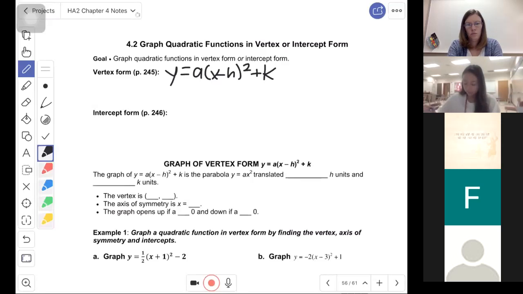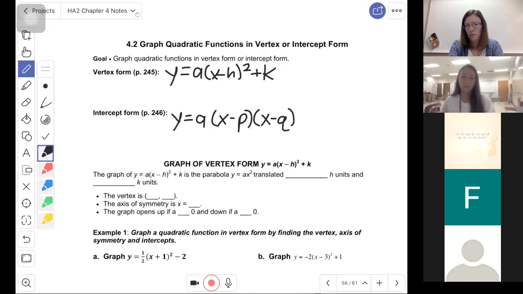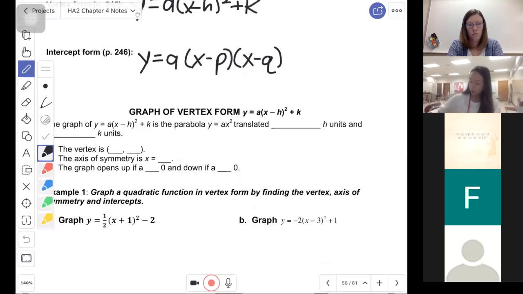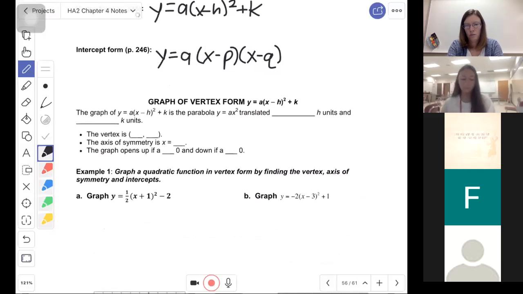And then intercept form is y equals a times x minus p times x minus q. And so if we can read the vertex right off of that form of a vertex form, then we should be able to read the intercepts from the intercept form of the function. So the form's kind of telling us what we can read off the form right away. So let's talk about the graph of a vertex form.